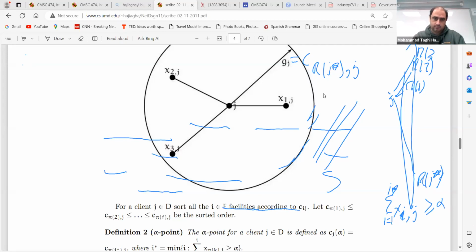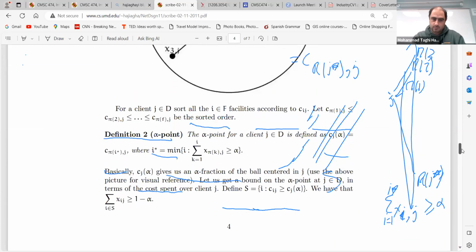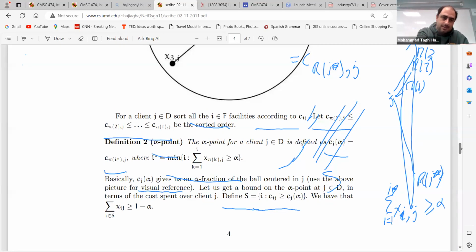That is important here. Why? Because we want to have this property. We know that the sum of the xij's that are outside of this ball is greater than or equal to 1 minus alpha, because the main thing is that this set S also includes i star.